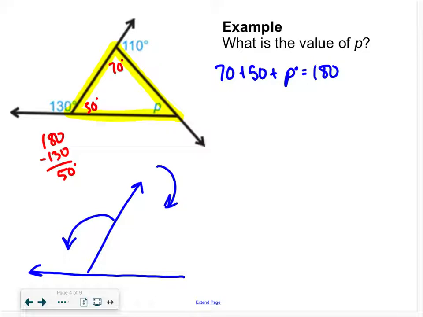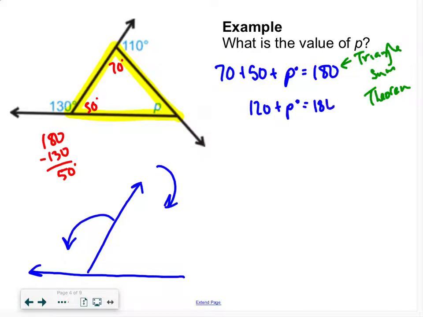And again, the reason for that is the triangle sum theorem. I have a triangle, I have 2 of its 3 interior angles, I can use that to solve that. Now we just resort back to some algebra, 120 plus that P angle, and then subtract 120 from both sides, gets me P to be... that's not right, silly, yep.